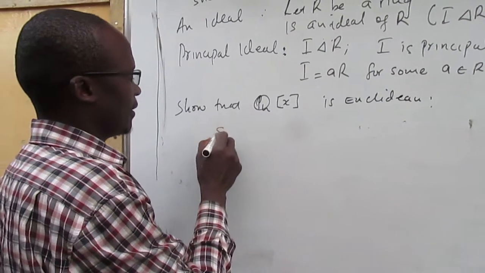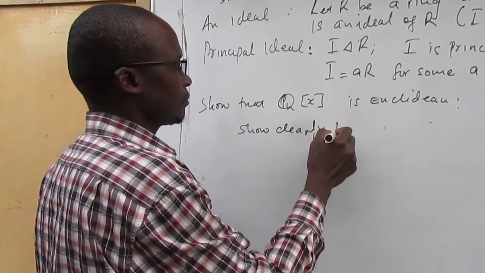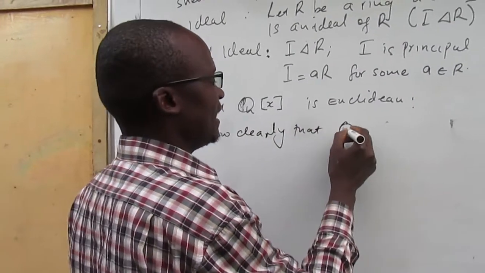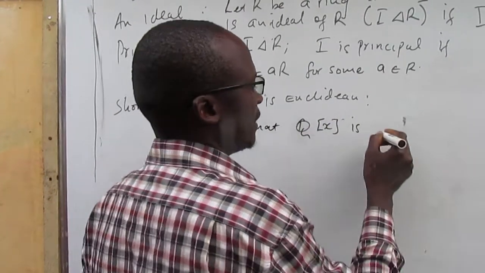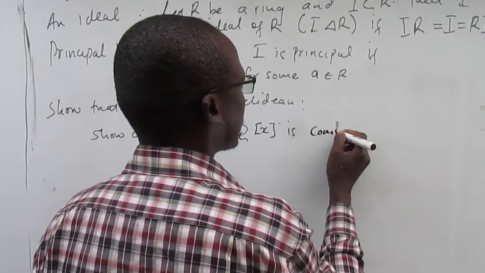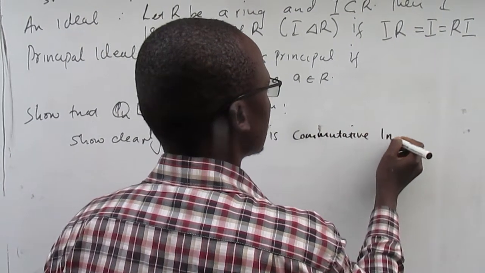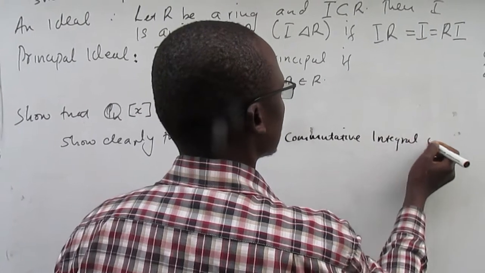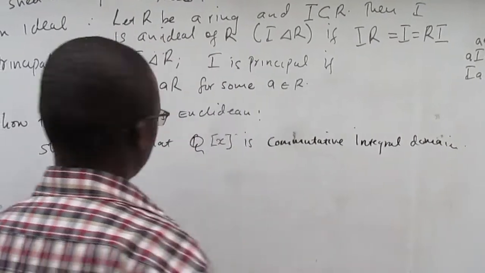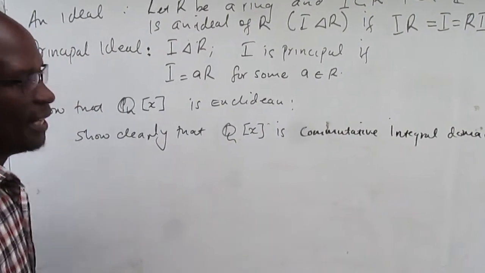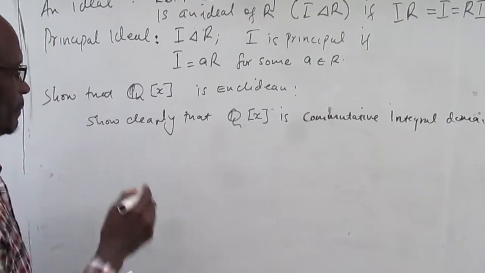We need to show clearly that this ring is a commutative integral domain. In other words, it commutes, and at the same time it has no zero divisors.